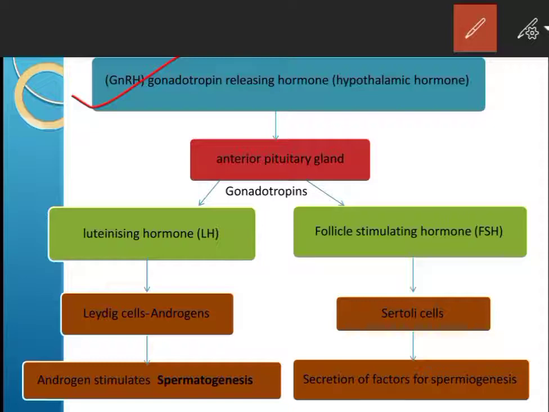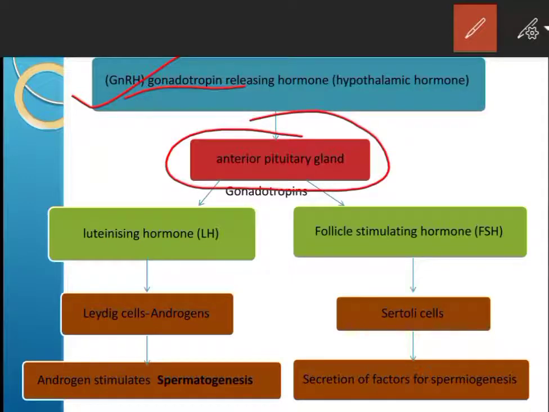The increased level of gonadotropin releasing hormone acts on the anterior pituitary gland and stimulates the secretion of two gonadotropins, that is luteinizing hormone LH and follicle stimulating hormone FSH.